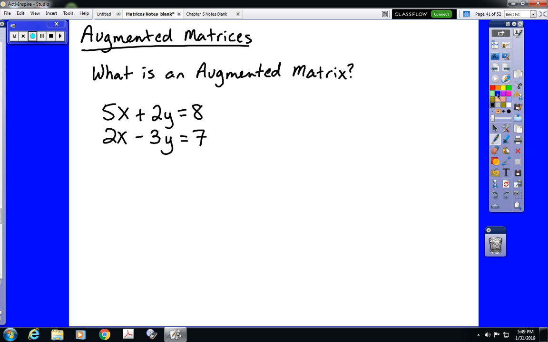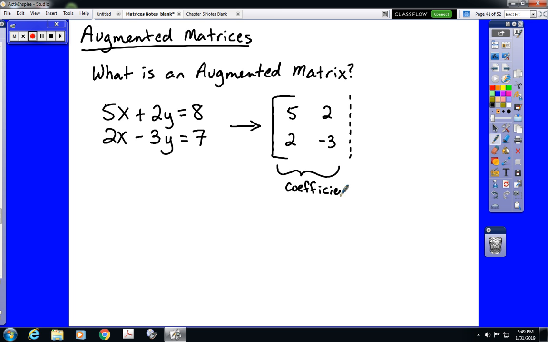So what we would do is rewrite this system as an augmented matrix. We would include only the coefficients of the different terms, and then attached to the coefficient matrix, which is what this left side is called, we are going to augment it, attach the answer column.